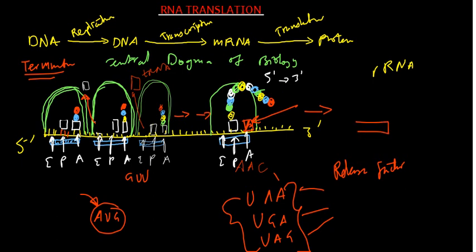We are going to have the small ribosomal subunits alone, the large ribosomal subunits alone, and the growing strand also alone. They are all now broken. When this happens, the process of translation has ended, and what has been formed here is a polypeptide.